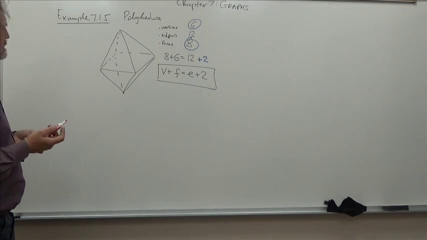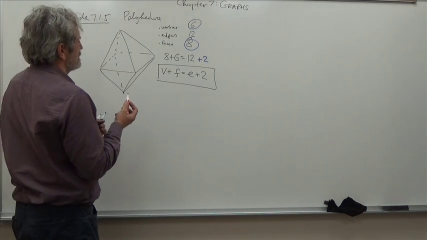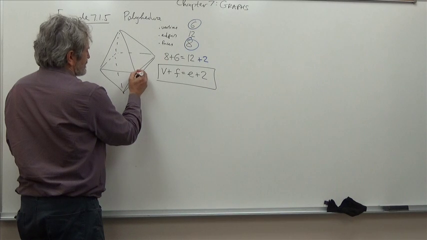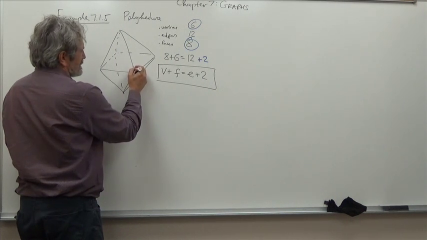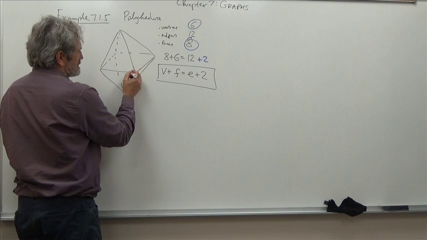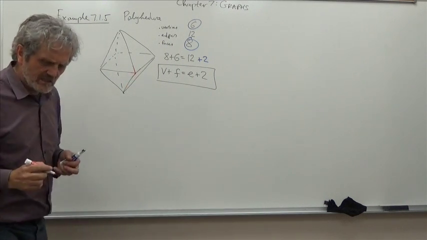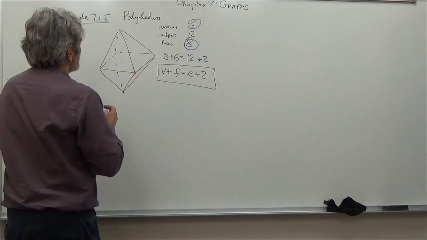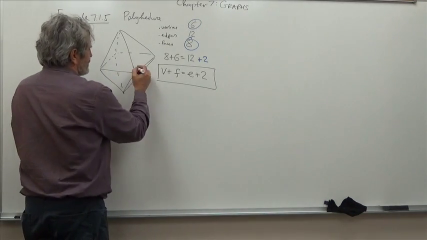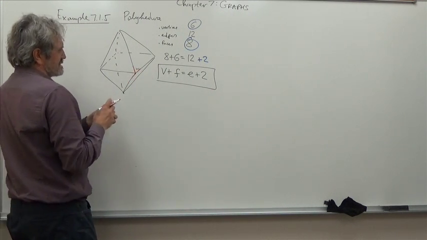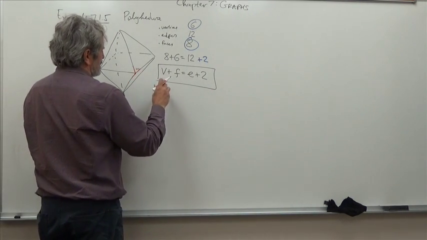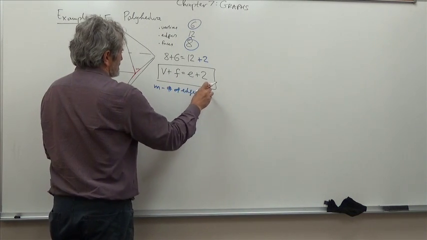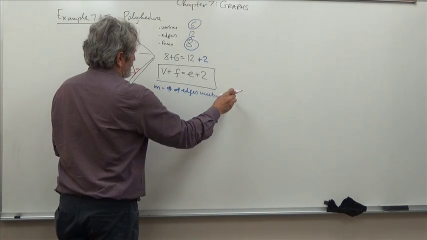This is a beautiful result. Let me introduce a little notation here. So you see, at every vertex we have a certain number of edges meeting at that point. So these are the edges, and that one we will call M. So M is the number of edges meeting at a vertex.